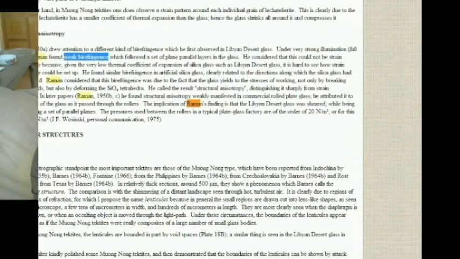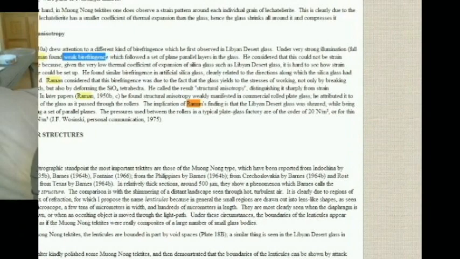This guy named Raman in 1950 drew attention to a different kind of birefringence which he first observed in Libyan desert glass. Under very strong illumination, full sunlight, Raman found weak birefringence, which followed a set of plane parallel layers in the glass.